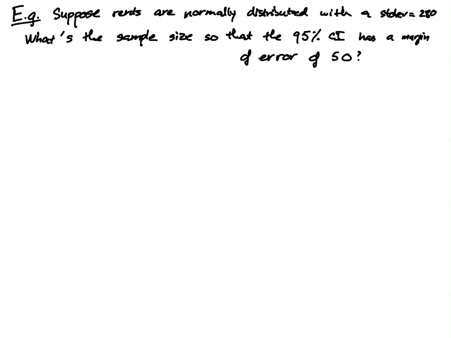Again, let's go ahead and specify what we know. Here we assume that we know the population standard deviation of 280, but again, there are two ways to come up with this number: you look at a comparable study or you do a pilot. Either way, sigma x here is 280. We're looking at the 95% confidence interval, so alpha is 1 minus 0.95, which is 0.05.